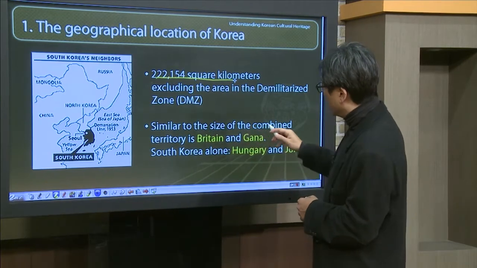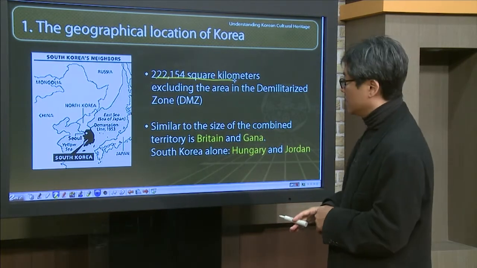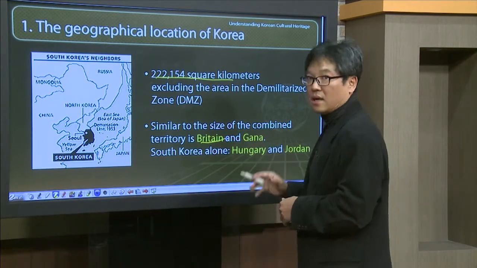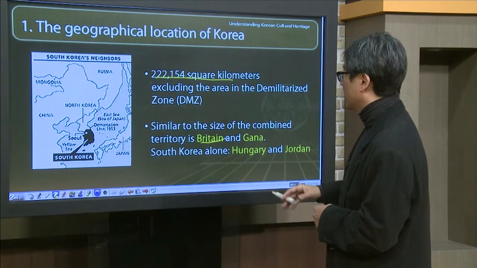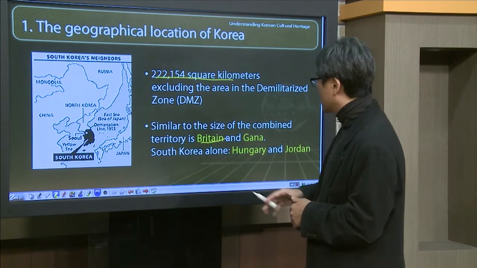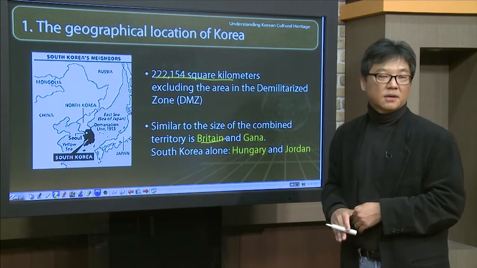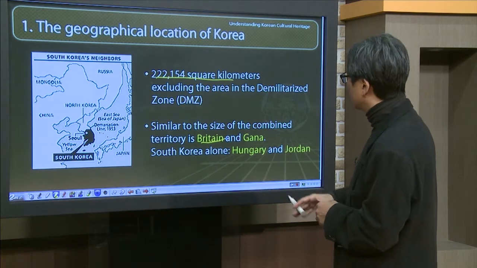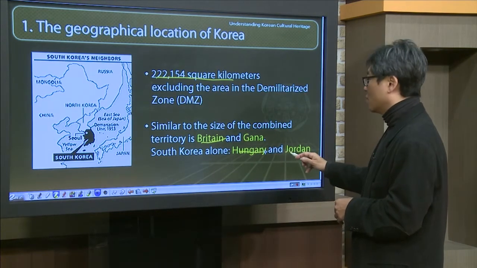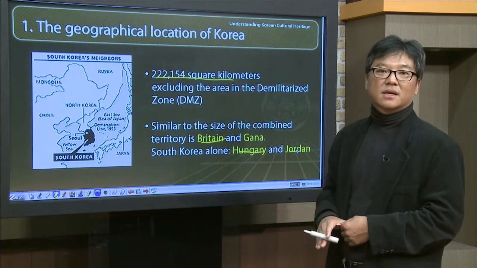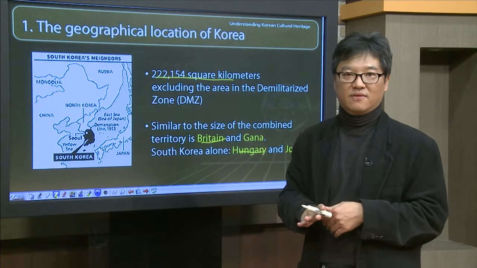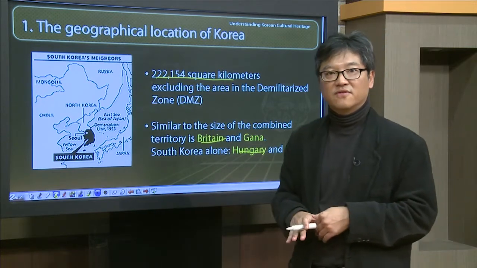If you take both North and South, it's as big as Britain or Ghana. If you take South Korea alone, it takes less than 50% of the Korean peninsula, the size of Hungary or Jordan. So you can see how big or how small it is relative to your own native country.